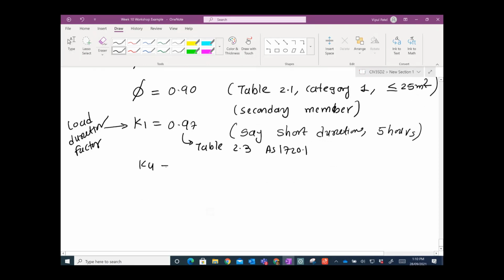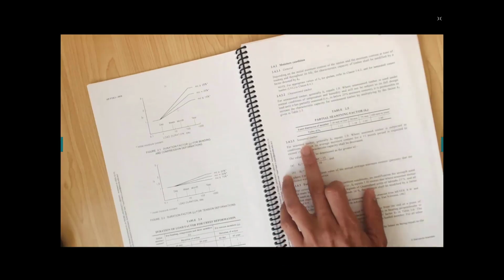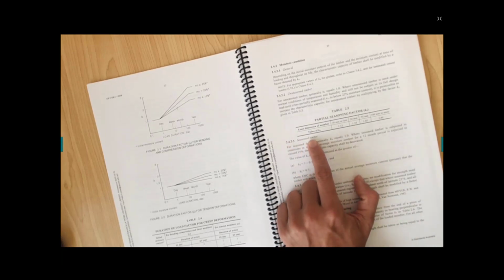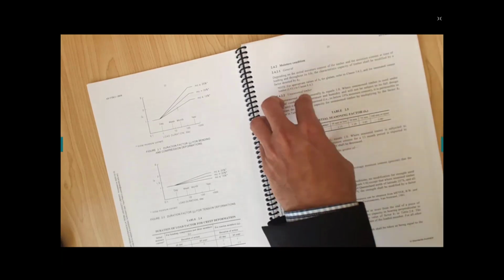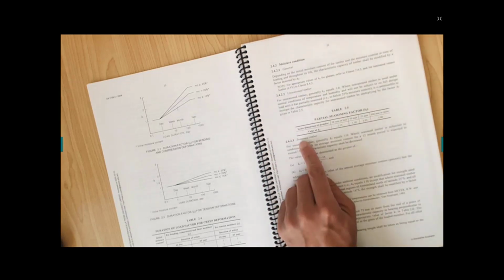All right, K4 is, I think, seasoning and so on. Here, they did not say whether it's seasoned or unseasoned timber. Let's assume it's seasoned timber, right? We don't want someone to just cut the timber and bring it to your site. It's not going to happen. Some seasoning will be done because we are buying from suppliers, and suppliers will generally have some process done on that.